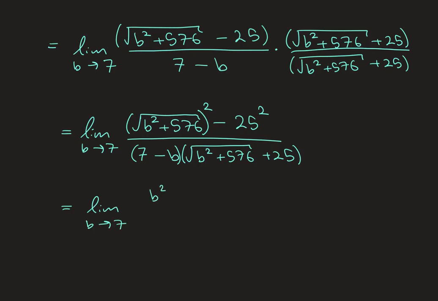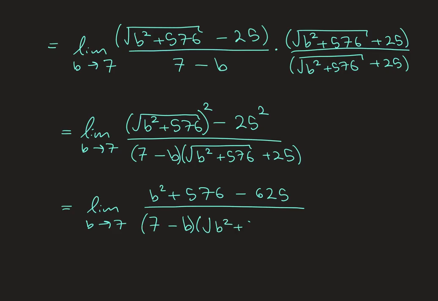And the numerator, I just have b squared plus 576 minus 25 squared. I know 25 squared is 625, so let me actually replace that. And this is all divided by 7 minus b times the square root of b squared plus 576 plus 25.